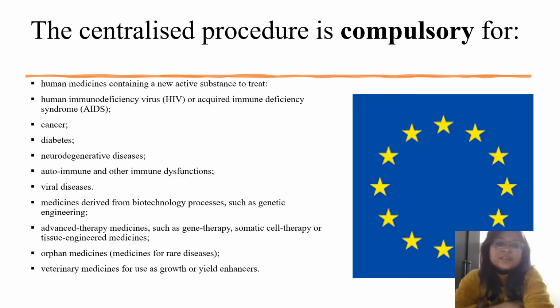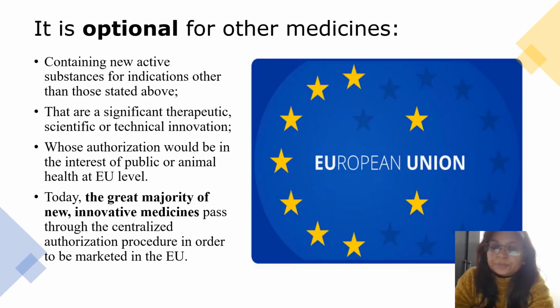For example, drugs belonging to the categories of HIV, AIDS, cancer, diabetes, neurodegenerative disease, or if the drug product is for the treatment of autoimmune and other immune dysfunctions, viral disease, or it is derived from a biotechnology process, or used in gene therapies, somatic cell therapies, tissue engineering medicines, or orphan medicines, or it belongs to veterinary medicine. In that case, the company has to go through the centralized procedure route.